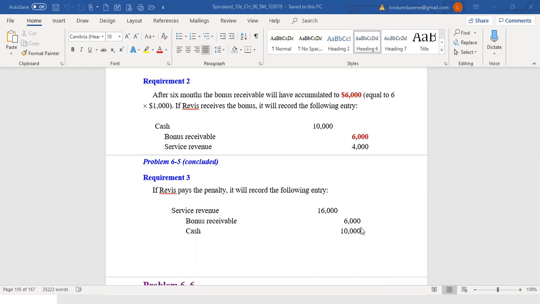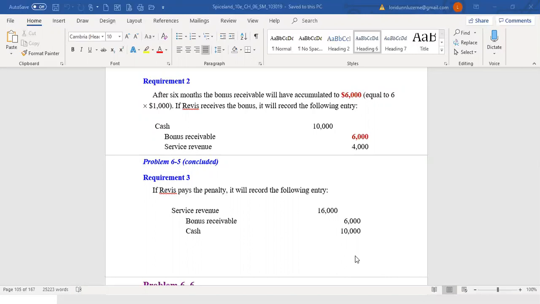So now they have to debit service revenue for the part of bonus receivable that was recorded as revenue that shouldn't have been, and then the $10,000 in cash they ultimately had to pay. So just taking a look at one of those various types of performance obligations presented in the chapter. And your exercises will help you cover the other ones.